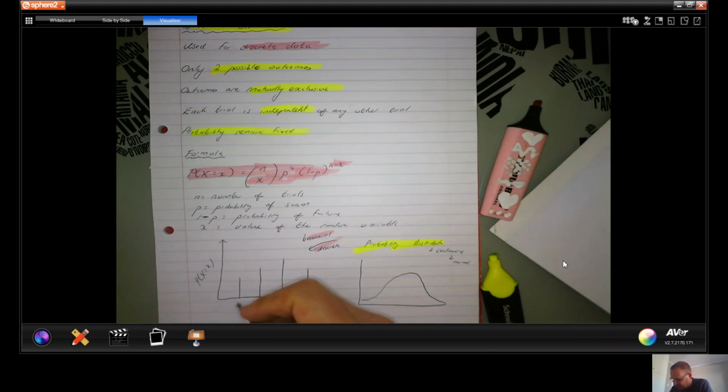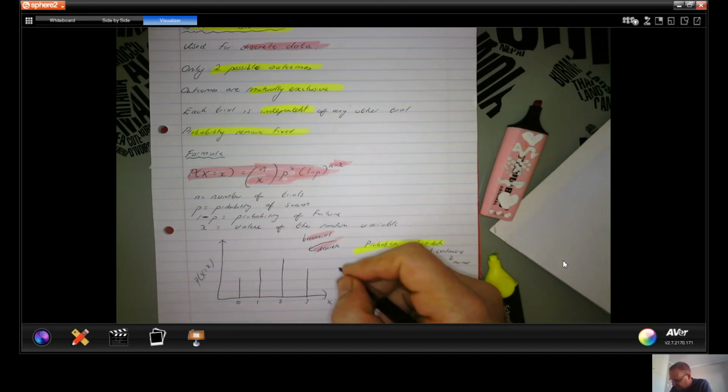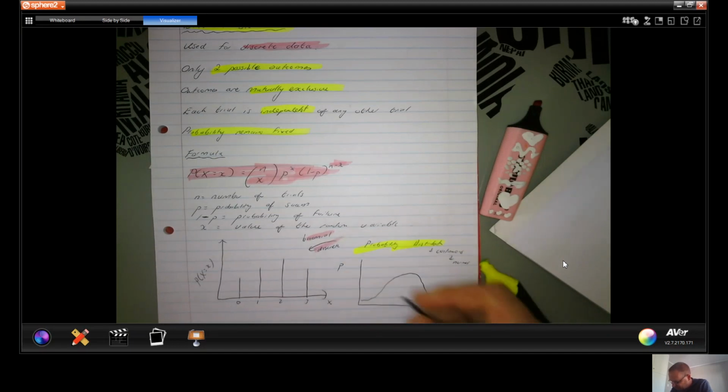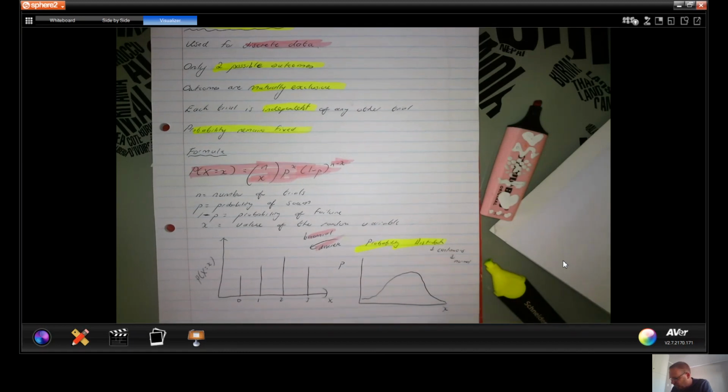So in other words, if you had a chance of no goals, 1 goal, 2 goals, or 3 goals, it'll be something like that. But in a normal distribution, where we're working with continuous data, here's your probabilities, and here's your x values over there, and it forms a normal curve. And remember that for one individual score, the probability of x is equal to 0.